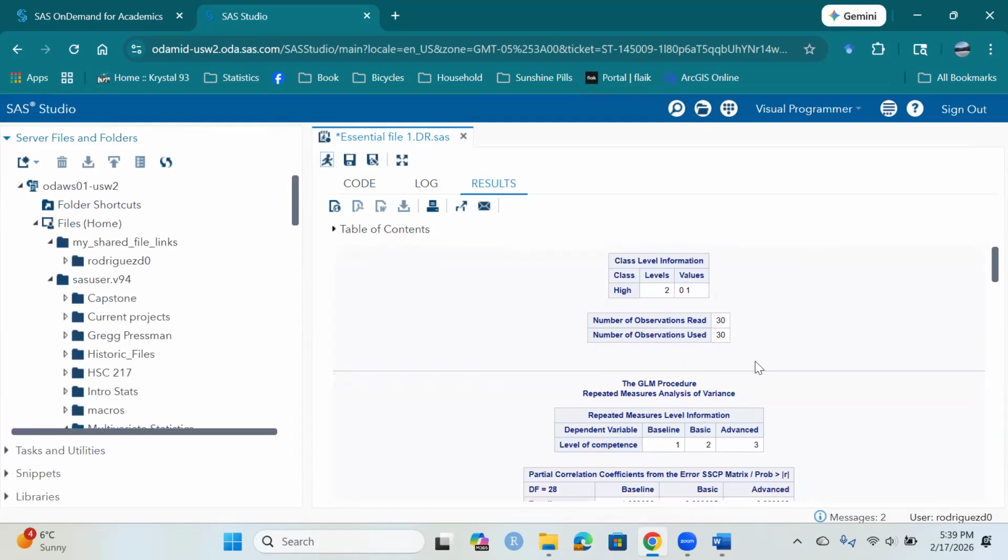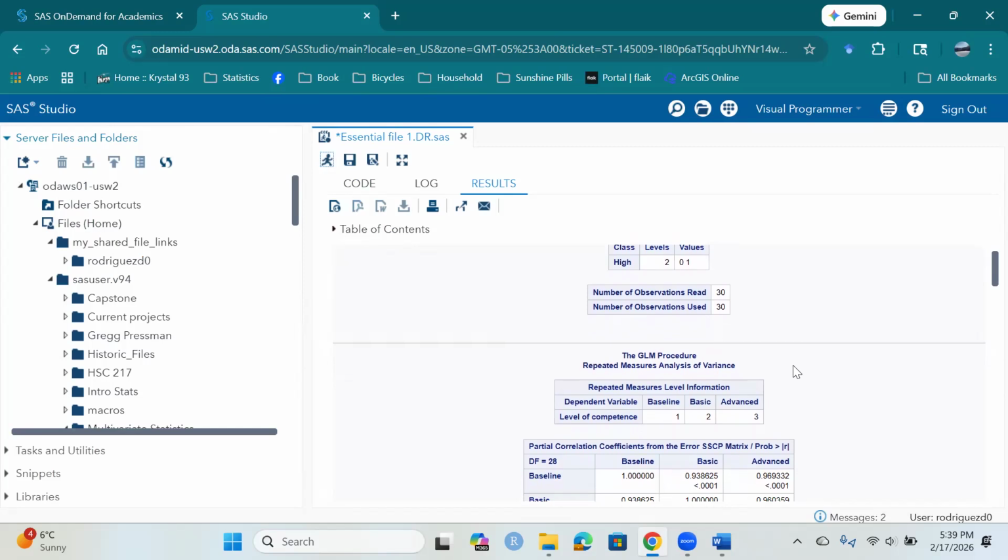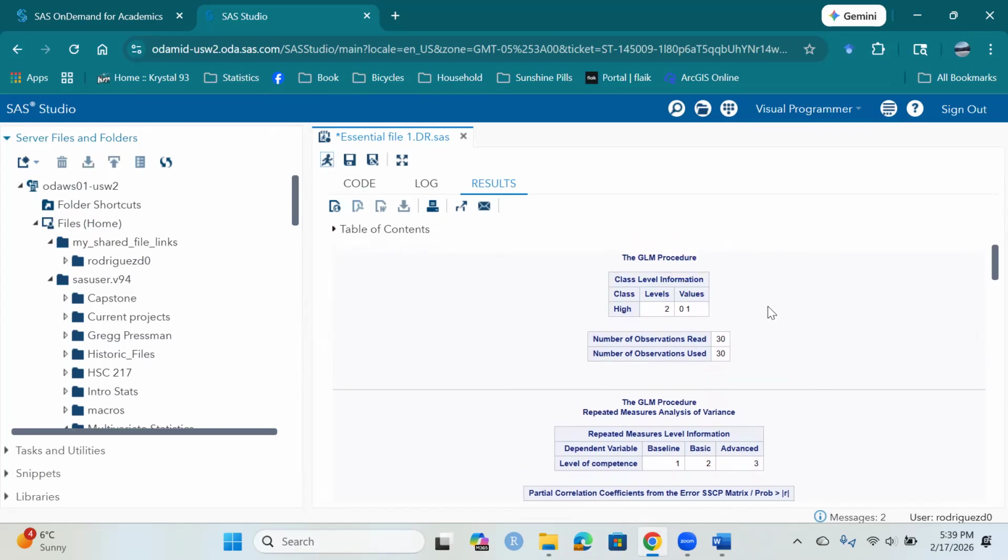All right, so we have two different levels of our between subjects variable. This is the one that we're comparing overall levels of inherent math based on what we have as our initial level of competency.